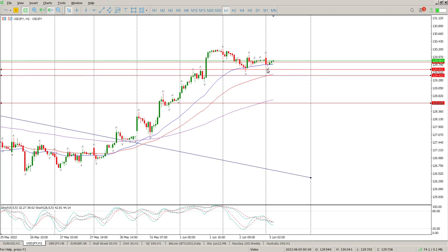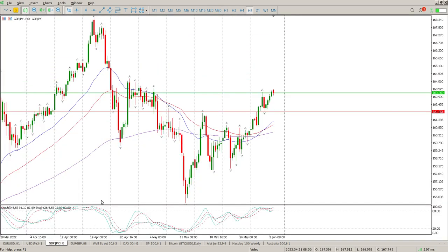If we find support in the zone after the data's come out and we start climbing, then a good opportunity for continuation to the upside, playing this flag break. But at the moment, I'm sitting on my hands. Wait for the data and see if there's an opportunity around 15 minutes to half an hour after the data has come out is when I'd start looking at the chart to see if there's anything, but not willing to jump in just for the sake of jumping in.